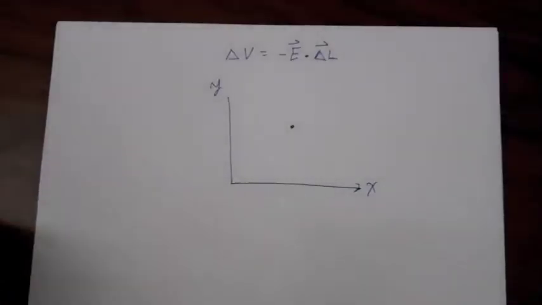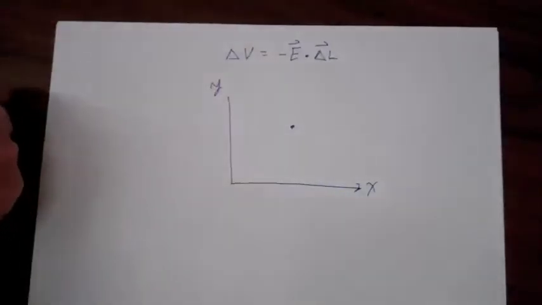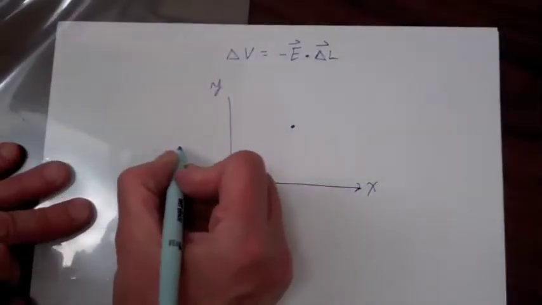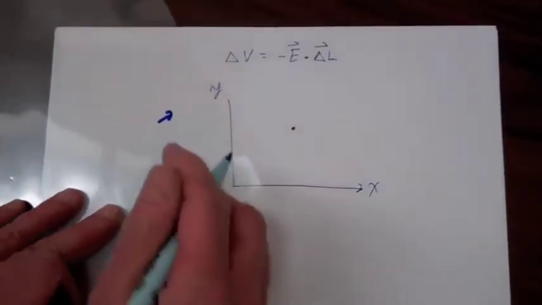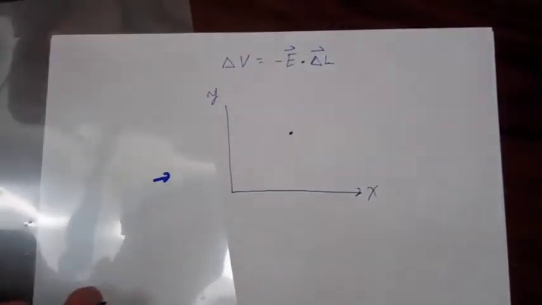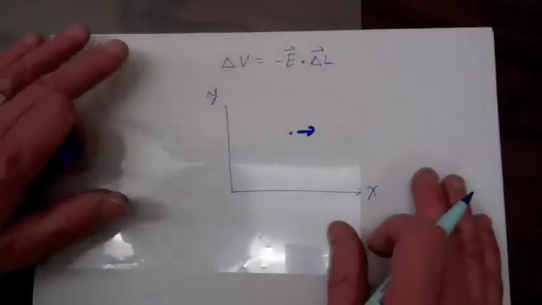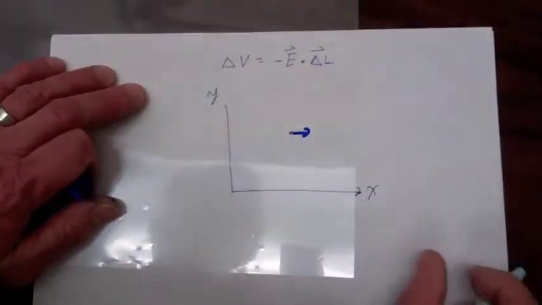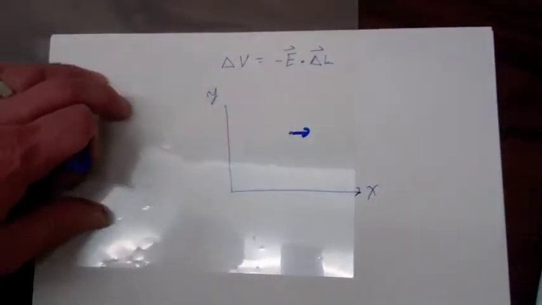Now we're going to come in with this differential probe of length delta L, and let's assume we can also vary the length of delta L before we insert it into our field. Let's align it with the x-axis and make its length equal to dx.